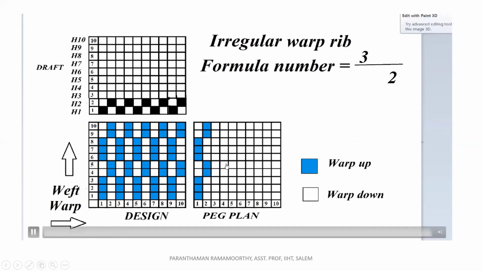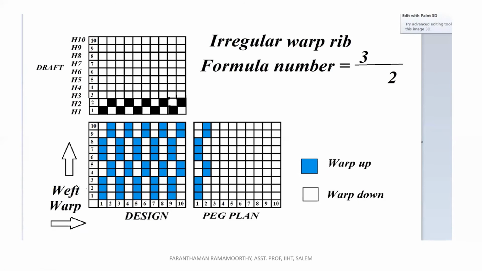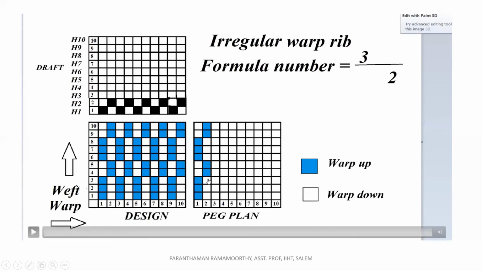In the peg plan, in the first three picks, the first end is lifted up. So the heald frame one is lifted up in the first three picks and kept down in the next two picks, the fourth and fifth pick. In the same way, the second end runs through the second heald frame.